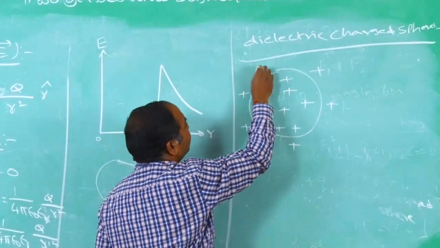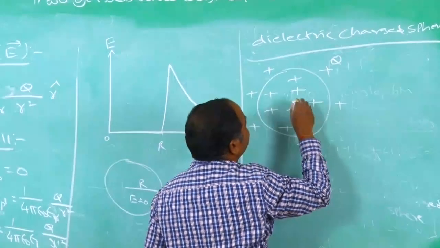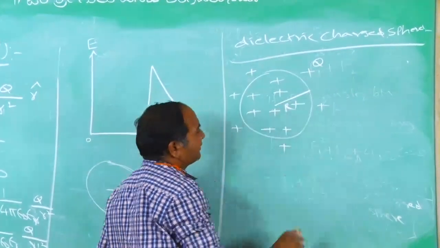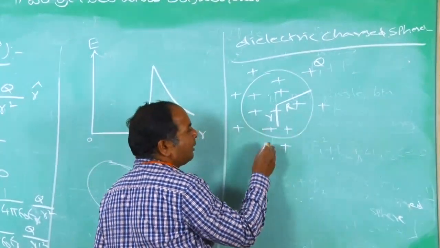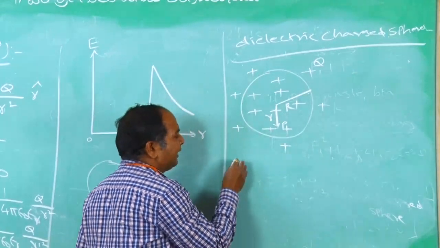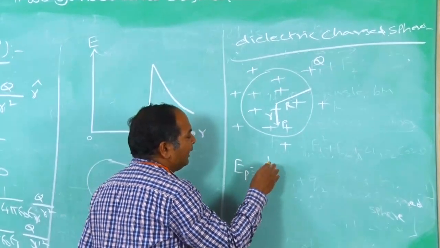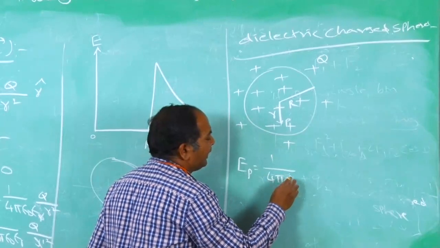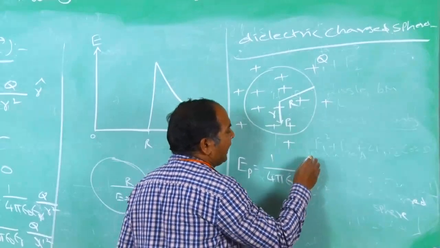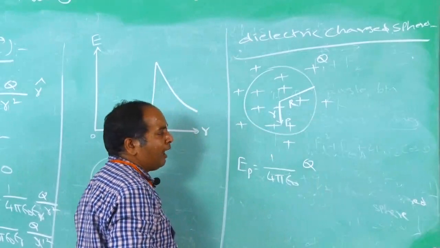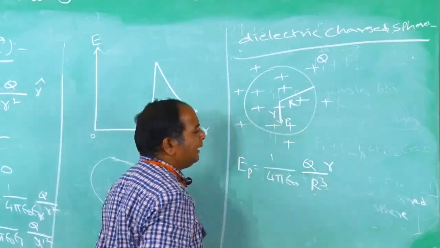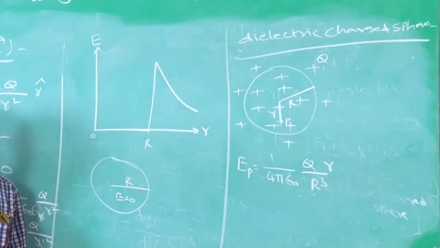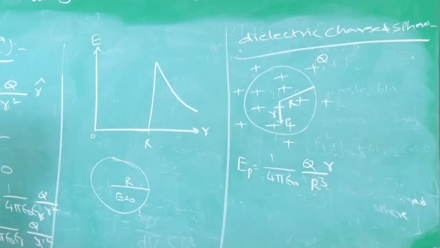Suppose Q is the charge and R is the radius. Suppose inside, at a distance small r, one point P is there, then EP is equal to 1 by 4 pi epsilon naught, and instead of Q by R square, here Q by R cube into small r. Like that, we may write it for the corresponding distance.